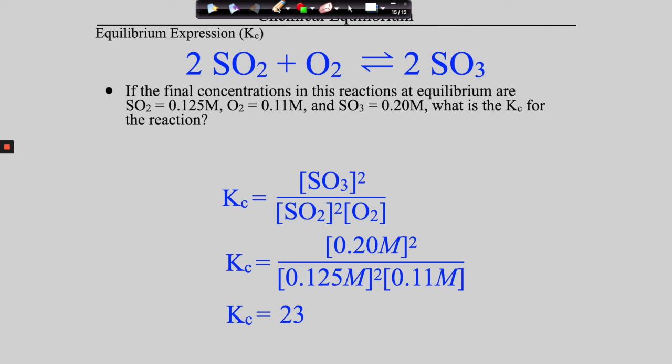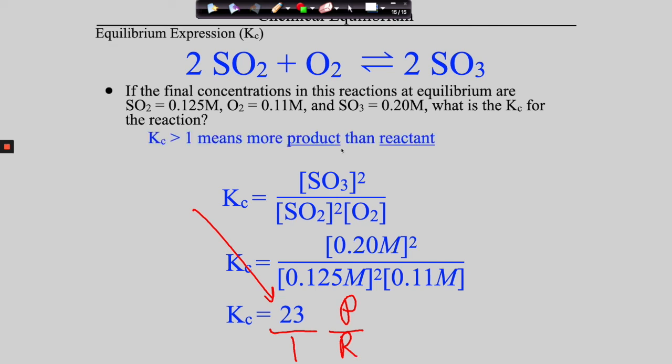So what does it mean that this number is 23? Well, guys, I think you understand this, that can be rewritten as a fraction, 23 over 1. But guys, remember that this is products divided by reactants. So what that means is at equilibrium, there's 23 times more products than reactants.